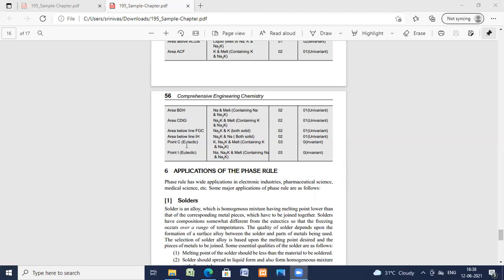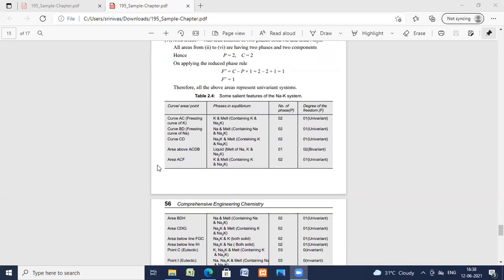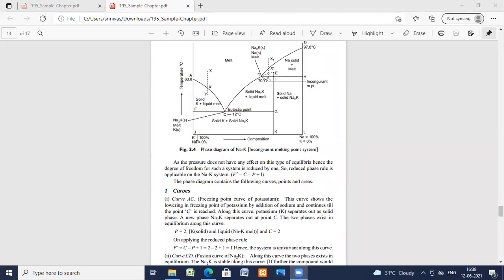The point C is eutectic, you get three phases, invariant system. The C is 2 and another eutectic point, that is I. Yes, two eutectic points, C and I. D is the incongruent melting point.